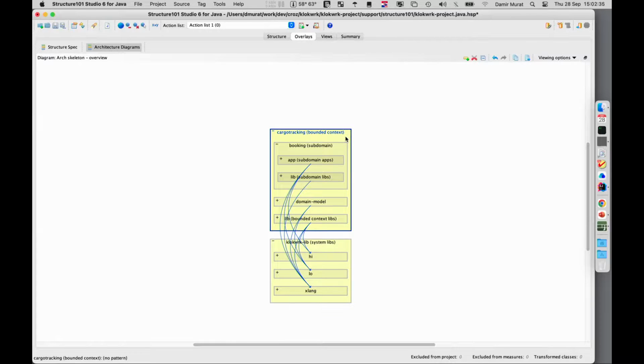This means if you are looking for higher level abstractions, you will probably look somewhere at the top of this conceptual model. If you are looking for more details, you will go a little bit down. Let's say for business logic details, you will take a look inside of the domain model. And if you are looking for, let's say, implementation details of some low-level function, you will move even further down, maybe to the level of those language extensions.